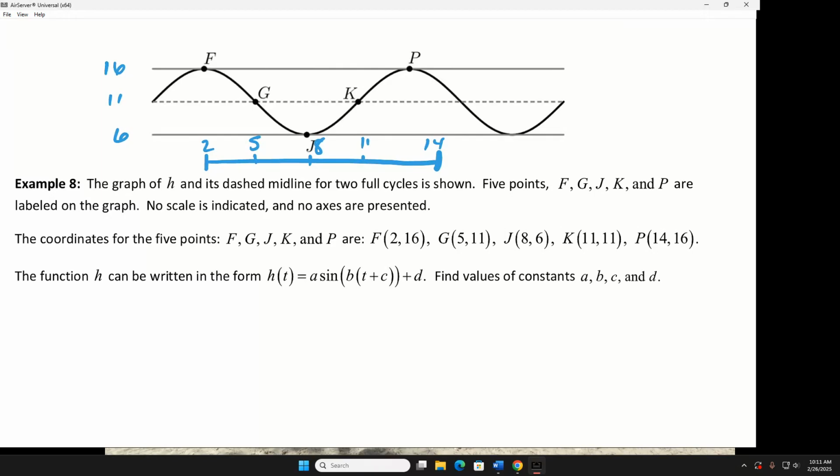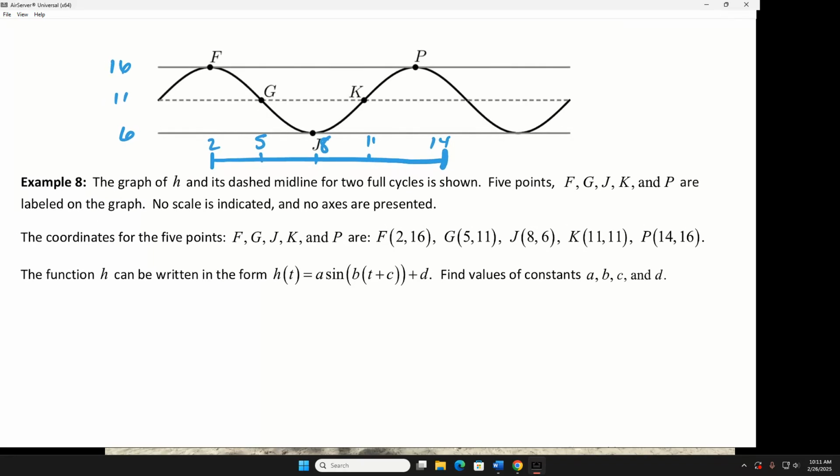Okay, so we're going to find A, B, and D, just like we've been doing. Nothing's different. C gets a little tricky, but it's super doable.